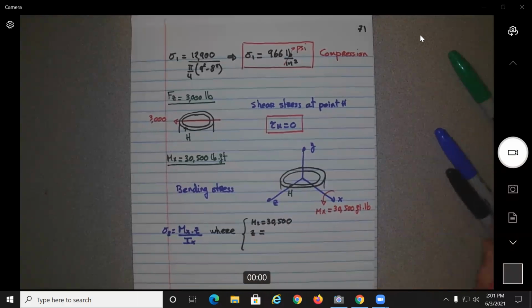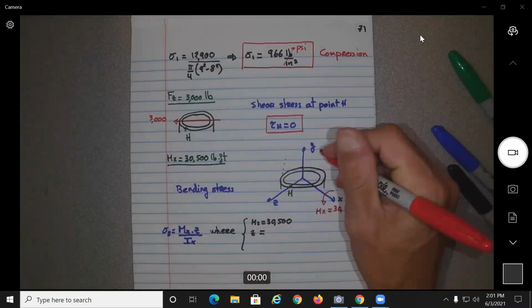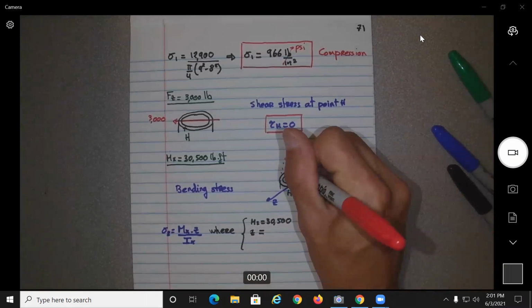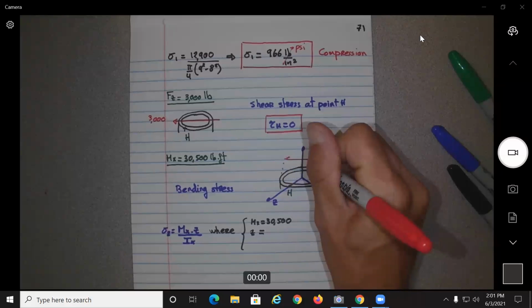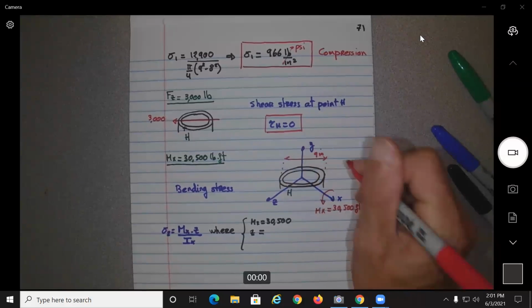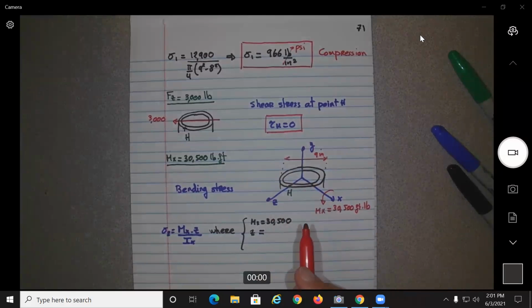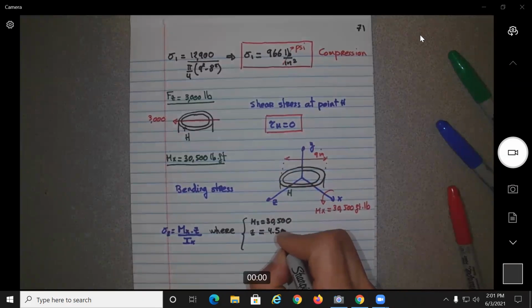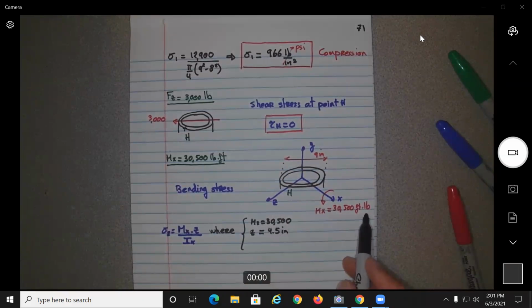Be careful, because 9 inches is what? This is the diameter. So it should be 4.5. Okay. Don't worry about that. So 4.5 inches. Now we need to be careful, because the units are foot per pound, no? So we want to move that to inches.